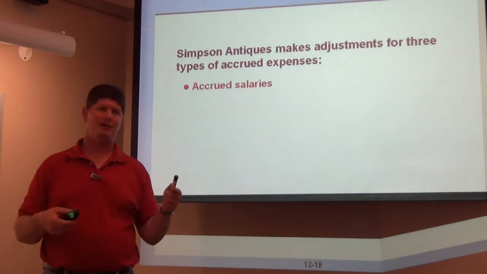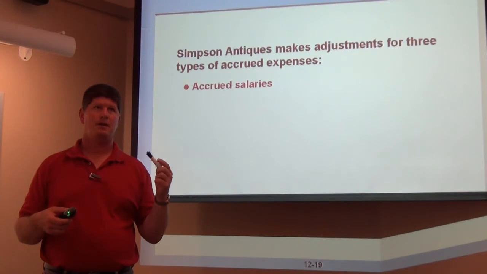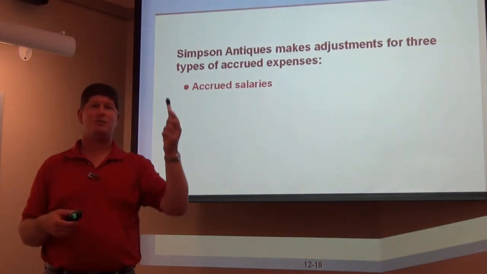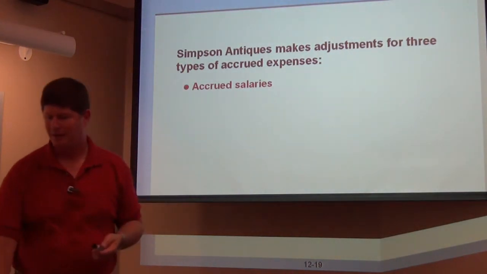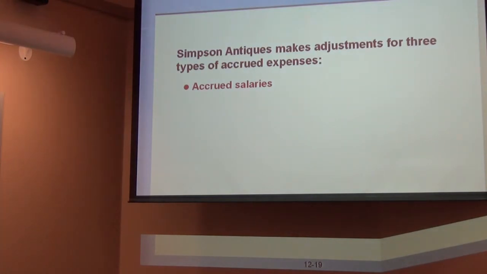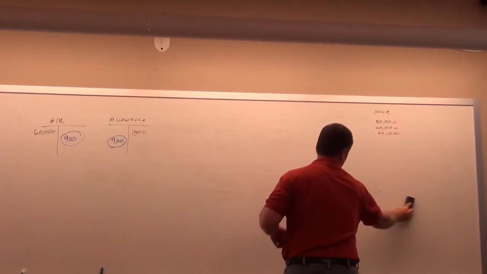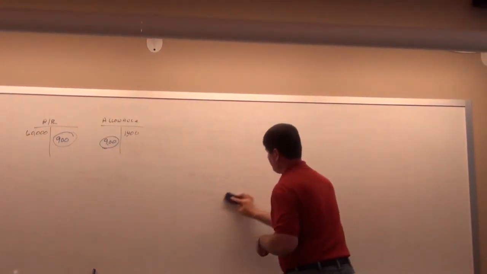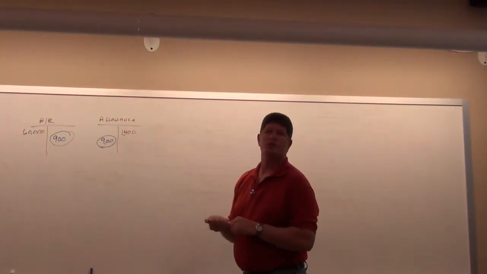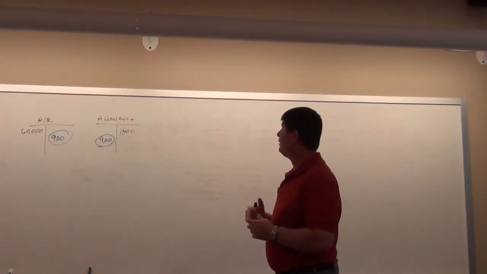Again, it's like doing that estimate on how much utilities expense we're going to have. I'm going to erase and throw an example up here, but we're going to enter this on the worksheet so that it gets recorded in the correct month.